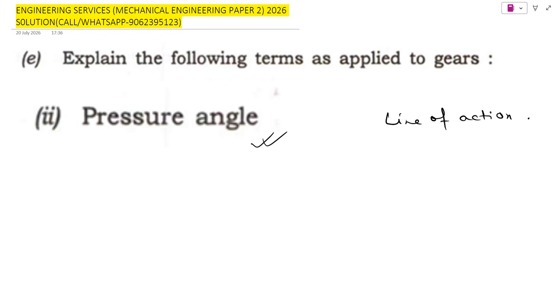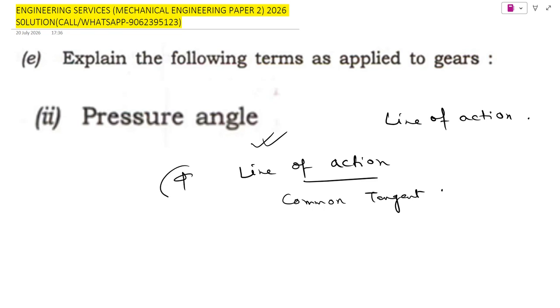What is the line of action? Look, line of action is the direction along which the force is transmitted. And what is common tangent? Common tangent is the tangent drawn to the pitch circles at the pitch point, and the angle between these two lines is called the pressure angle, generally represented by the symbol phi.